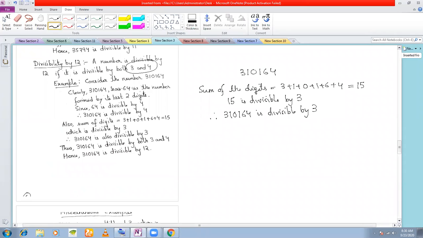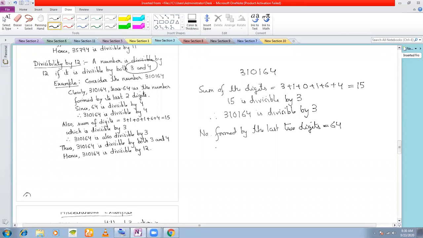Now we check divisibility by 4, whether this number is divisible by 4. So what is the divisibility test for 4? You check the last two digits of the number. Number formed by the last two digits is 64.